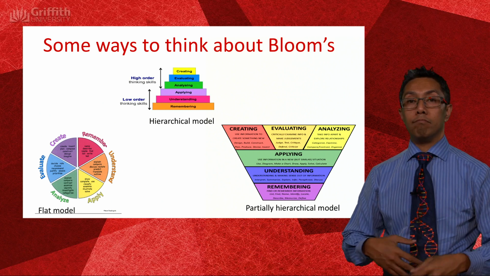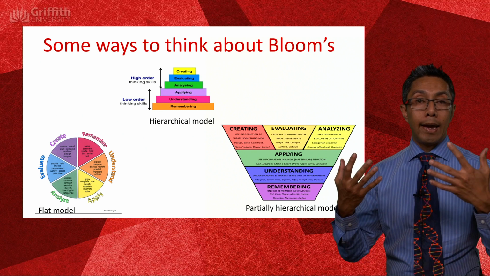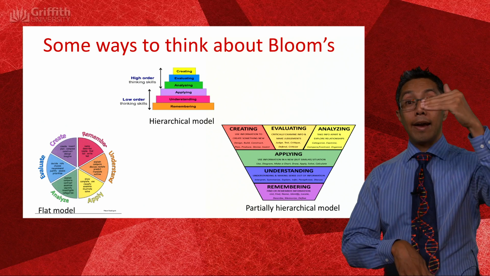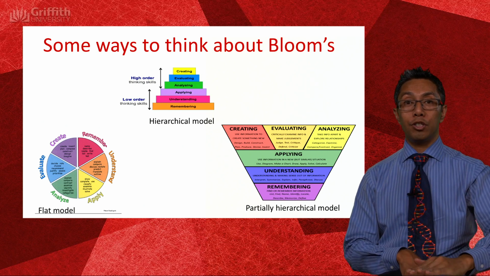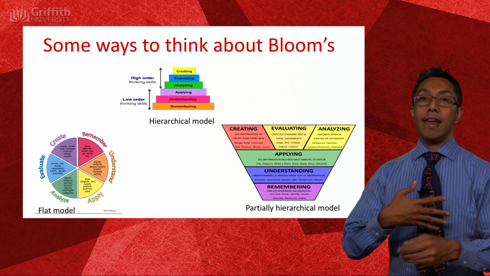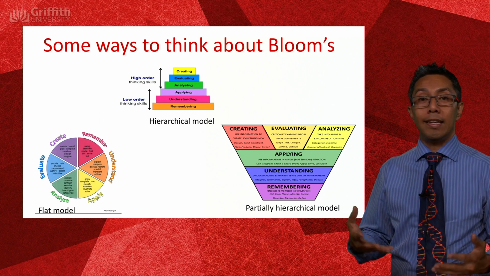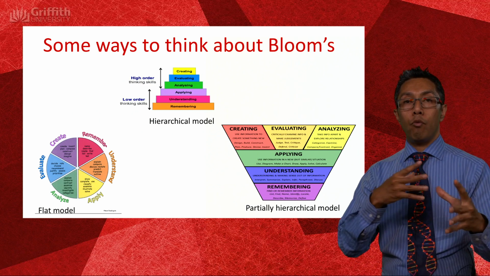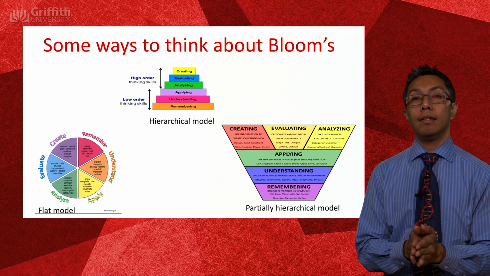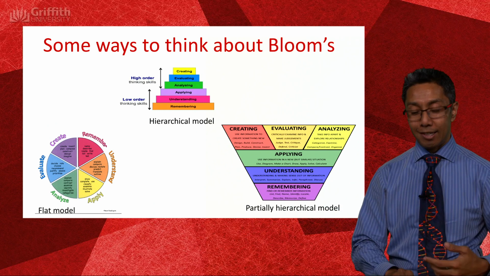So if you're creating a car or a piece of work or an essay or a report, they are all types of creation which are at quite a high level, as opposed to generating questions, which is creating at a very low level. Now, the type of model that you prefer to use is completely up to you. There's really no right or wrong way to think about Bloom's taxonomy, but it is a good idea that you have in your mind some way of thinking about thinking.